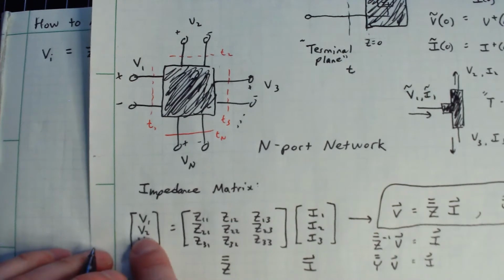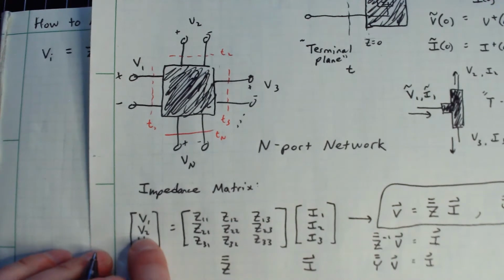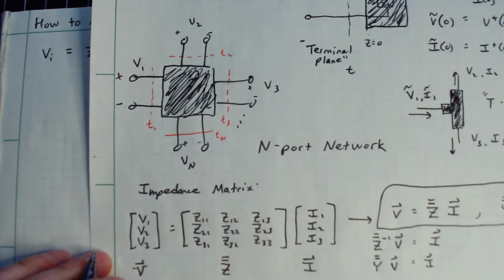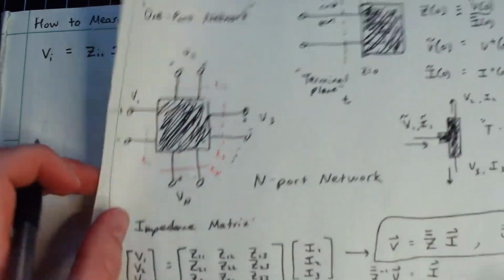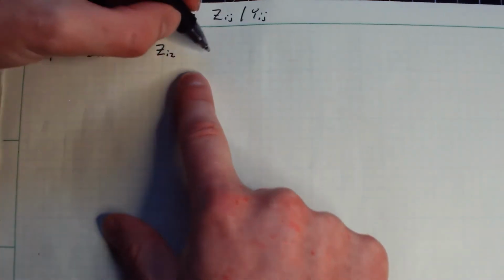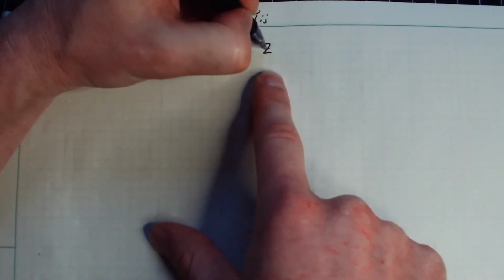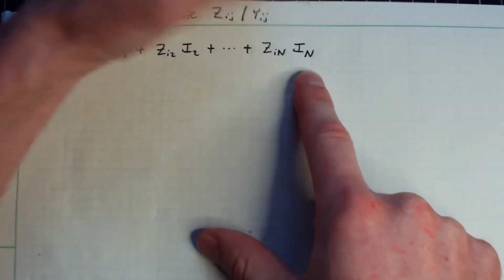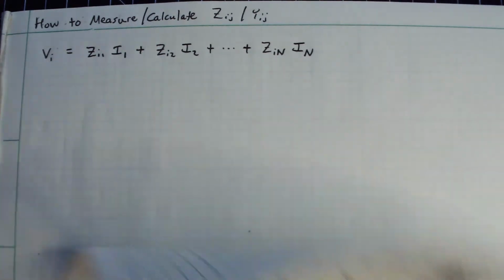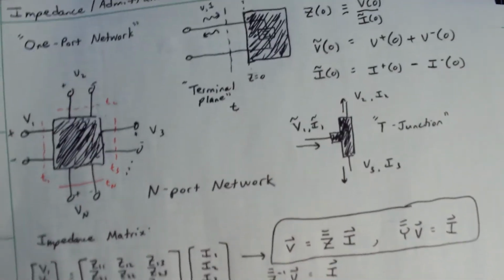So i could be, say, the second row, or the third row. Now I'm at the ith row. So it's an n port network, right? This is from the definition of this matrix vector notation.